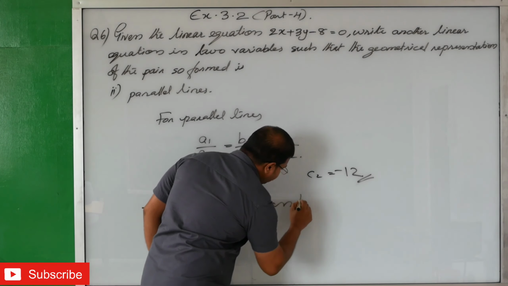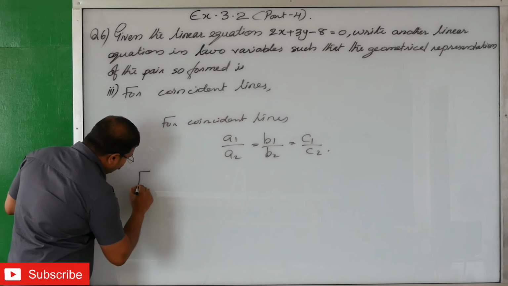Let's see the third one. For coincident lines, A1 by A2 equals B1 by B2 equals C1 by C2.